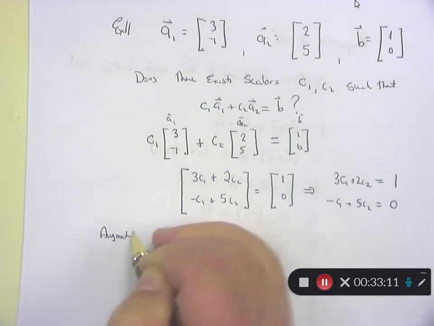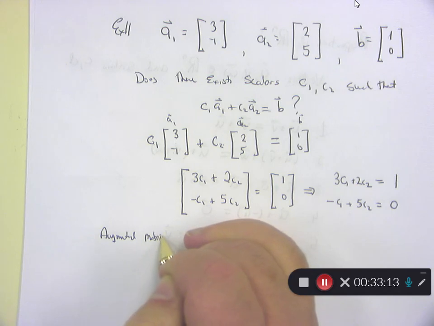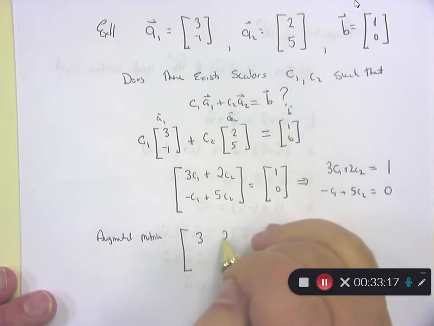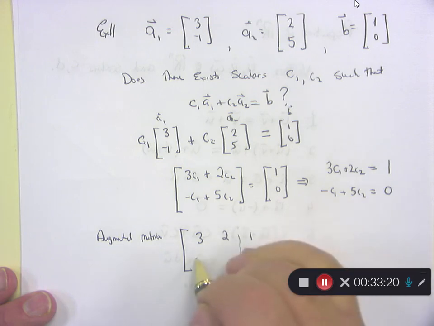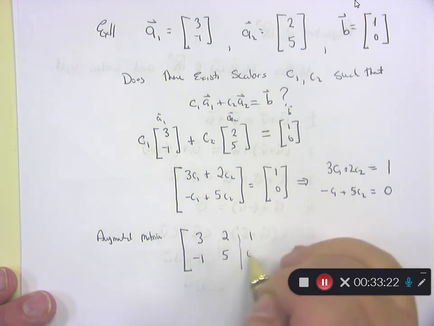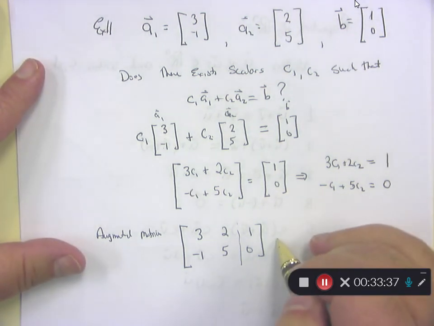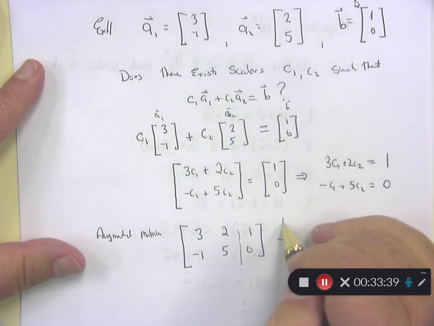So we're going to do an augmented matrix, which would be 3, 2, augment with 1, and -1, 5, augment with 0. If I was going to do this particular augmented matrix and go for the RREF, I would row swap: row 1 swap with row 2.